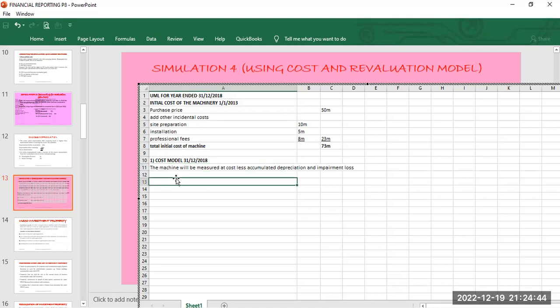Let's look at the annual depreciation, because we've seen the asset was acquired on 1st January 2013, and we are doing our reporting on 31st December 2018. It means there are so many years which have gone, meaning the asset is going to be depreciated.